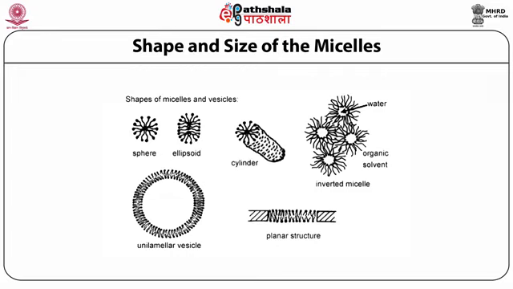We now understand that a few parameters are definitely important in determining the shapes and sizes of these micelles. Head group size, that is the so-called polar head part of the molecule, has an important influence.